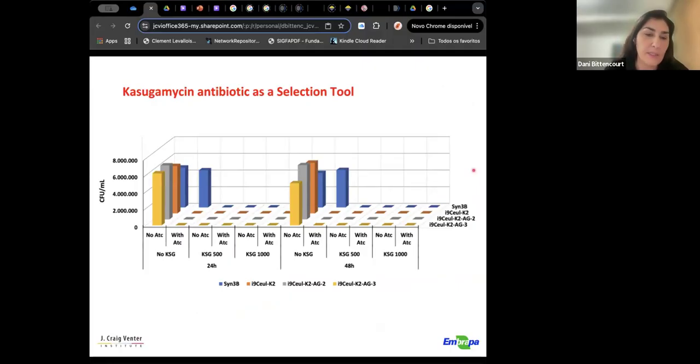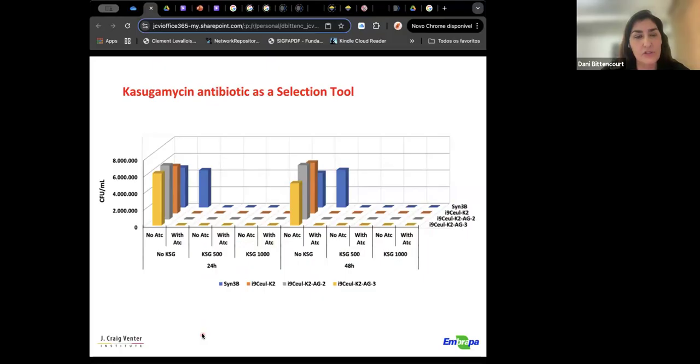These cells wouldn't be capable of doubling themselves and they will end up dying. And it seems to be working when we look at 24 and 48 hours after. When we treat with Kasugamycin, we don't see any growth at all, which is what we were expecting.